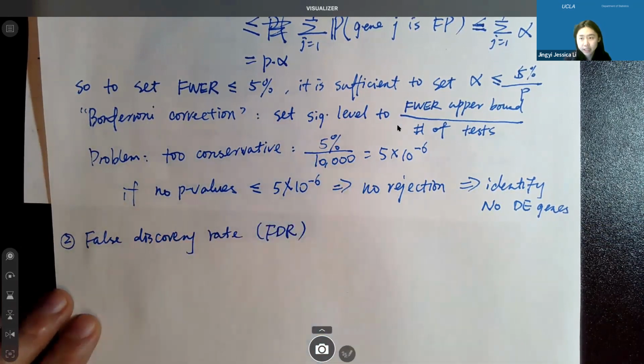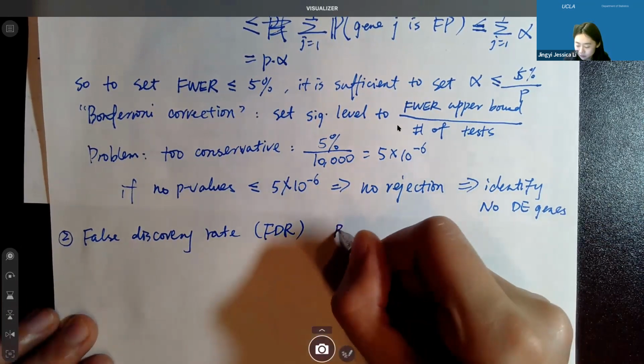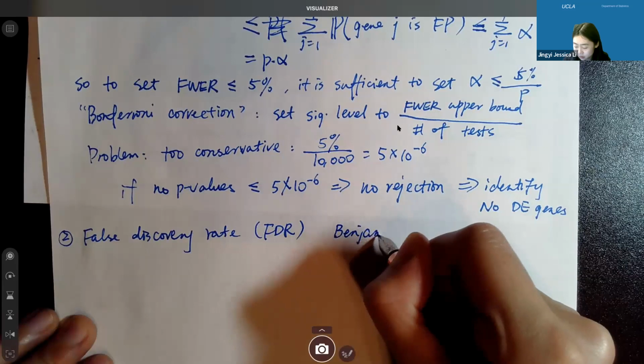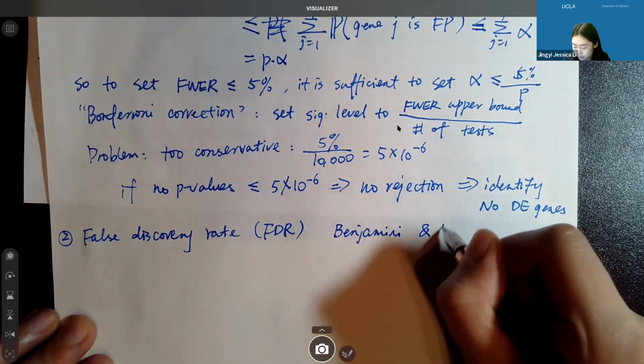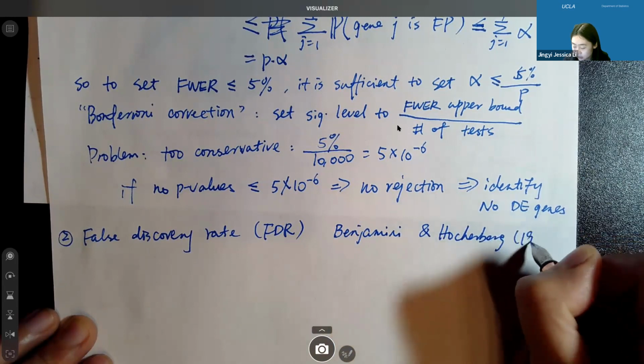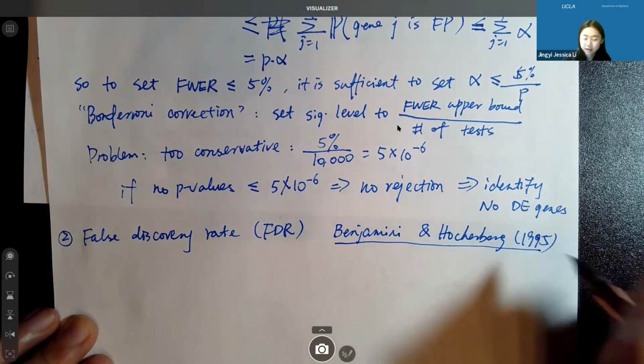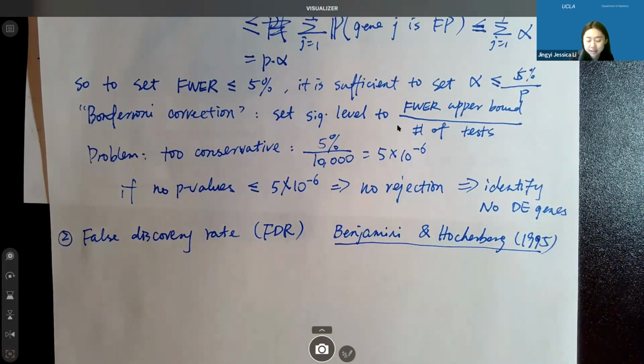Okay, this criterion was proposed in the Benjamini Hochberg paper in 1995. So this is the paper that has been cited the most number of times, I think, among all the statistics papers, because this criterion has been so popular in biomedical data analysis. Almost every paper now, when they do a multiple testing, they would follow the FDR.